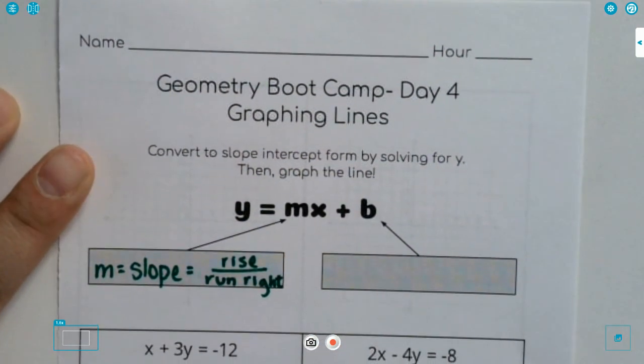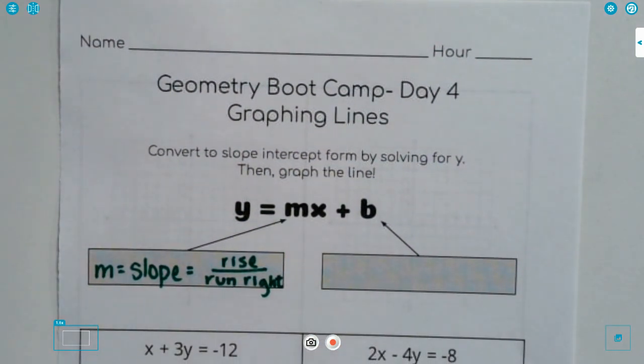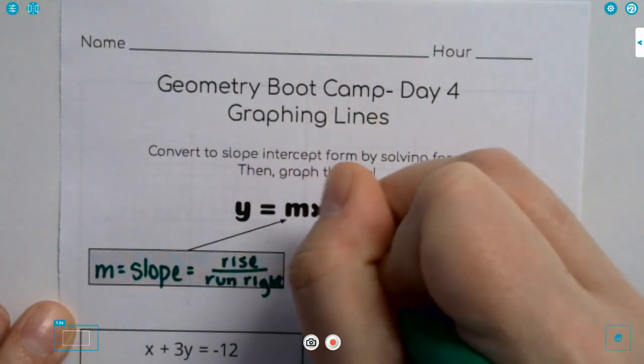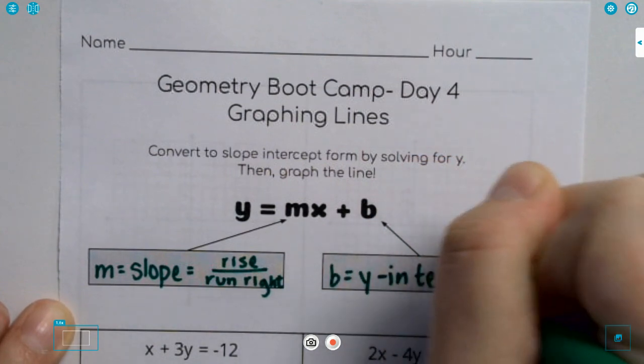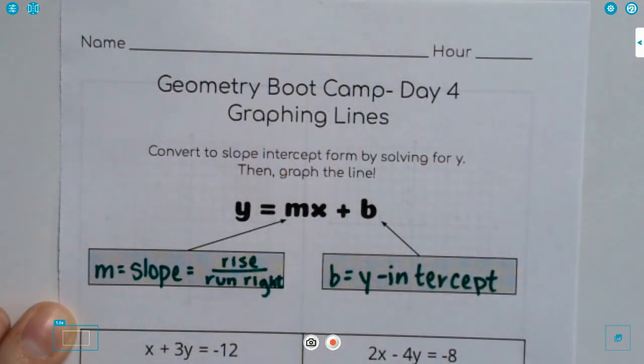Slope is rise over run, but we've got to run to the right. And then b, anybody remember what our b is? Y-intercept. So b equals our y-intercept, which is where we start on the y-axis, which is our vertical axis.